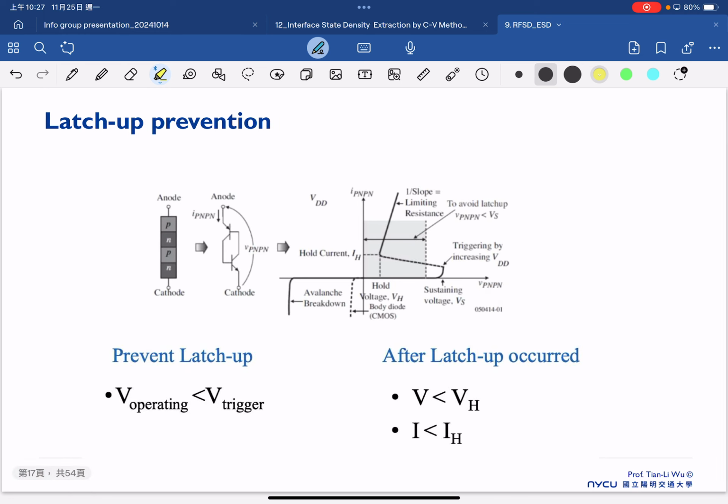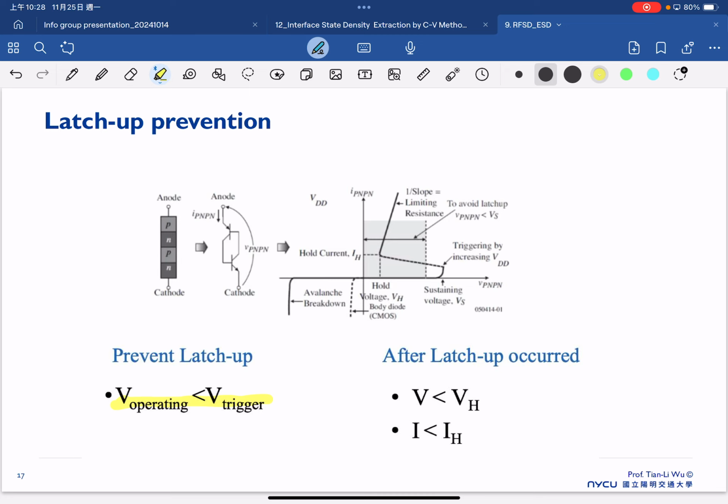Now all this understanding leads to the strategy for how we can prevent latchup. First, for sure, our operation voltage should always be below our trigger voltage. That's what we understood.